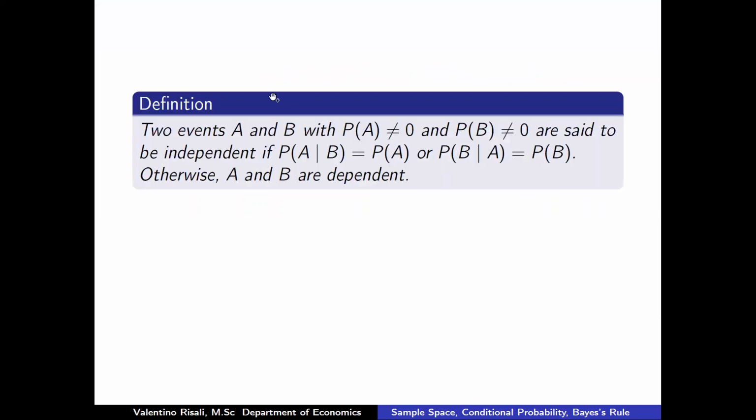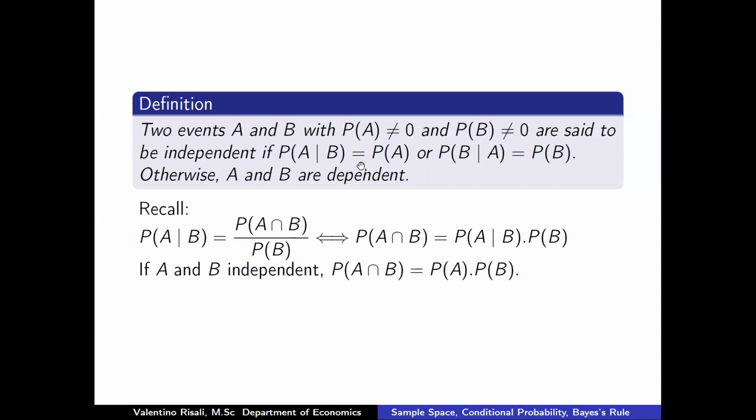And now we move to the next concept, that is two events that are independent. In this case, we have two events A and B with their probability not 0. They are said to be independent if this equation or this equation holds. If they are not independent, we say that they are dependent.